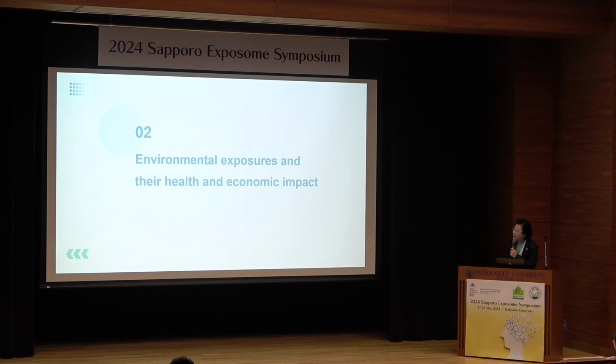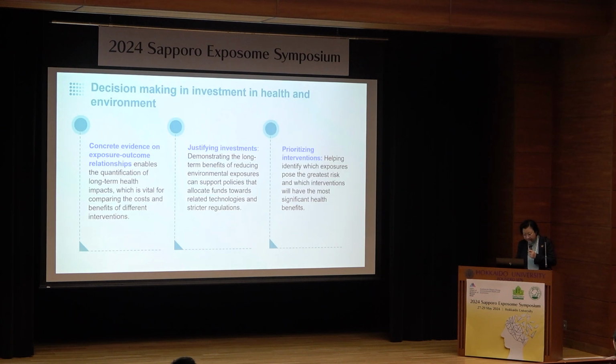So I will highlight the environmental exposures and their health economic impact, which is really crucial for the model. Decision making starts from the evidence on the exposure-outcome relationships, because it really enables the quantification of not only short-term but also long-term health impact.